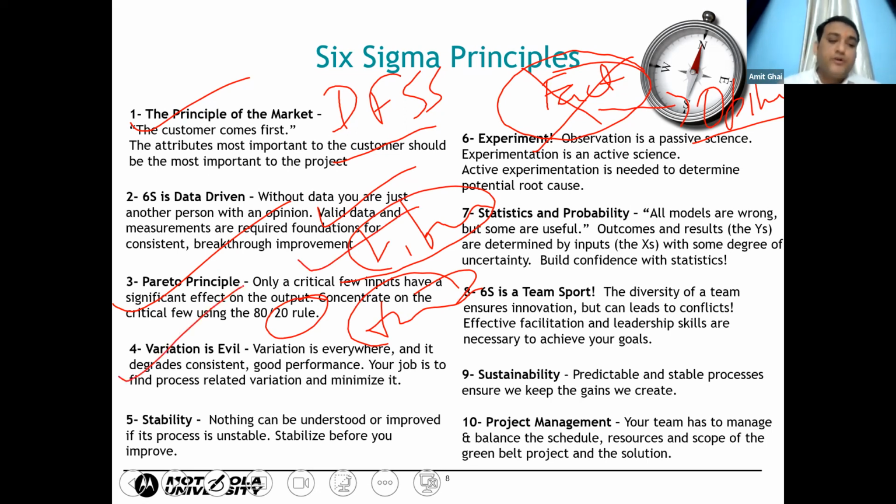And then, as I told you, it is considered in Six Sigma that variation is evil. We must first reduce the variation of the process. Today I'm able to write 100 lines of code, but tomorrow I'm writing just 20 lines. Or let us take it that way: my software is doing the analysis of 1000 plus lines on a certain day.